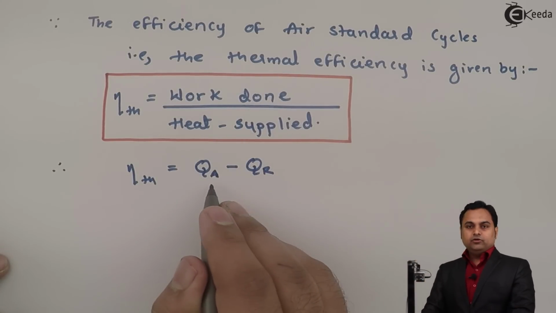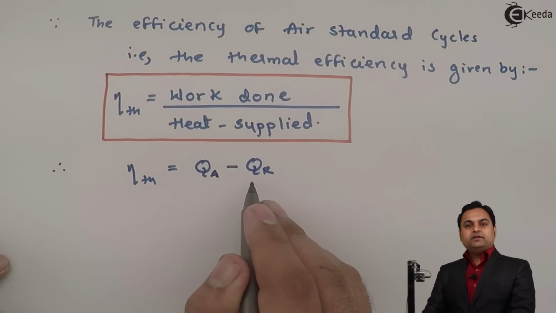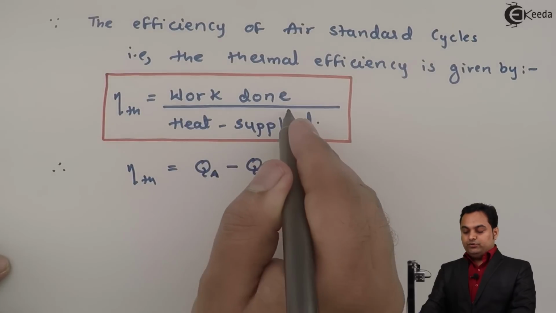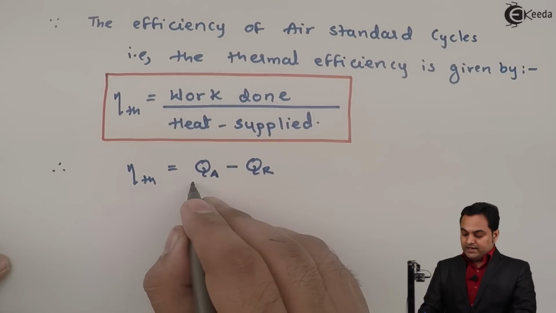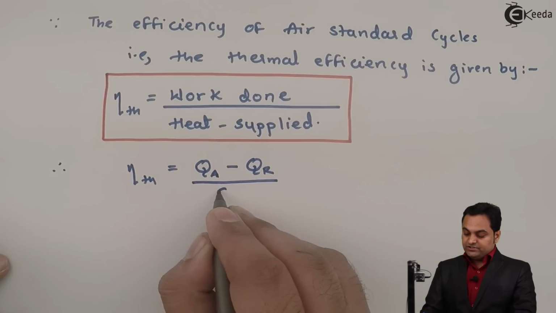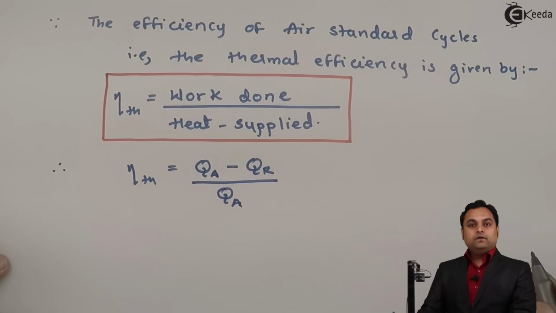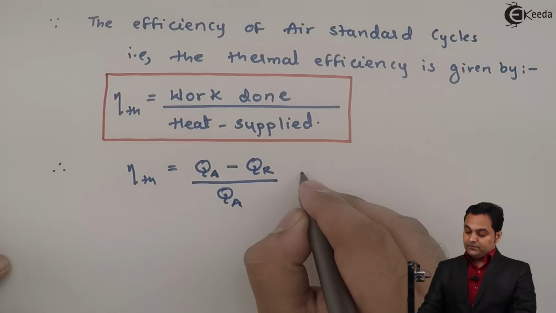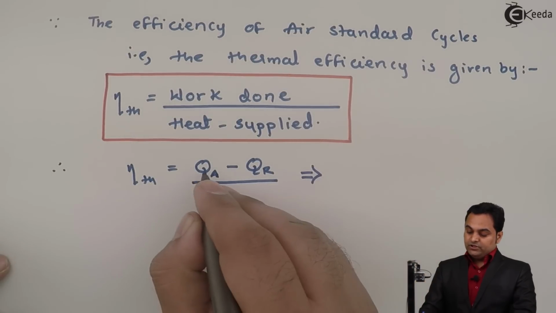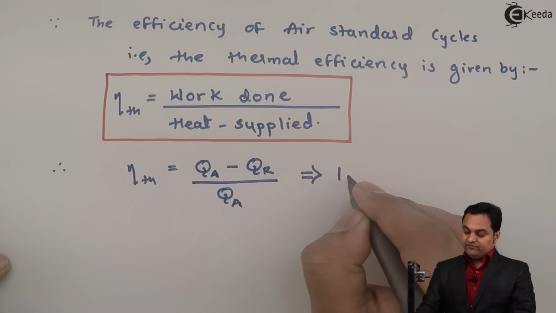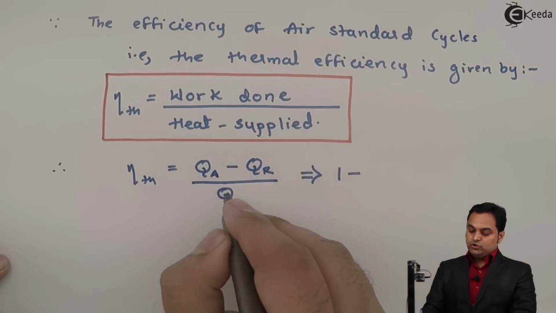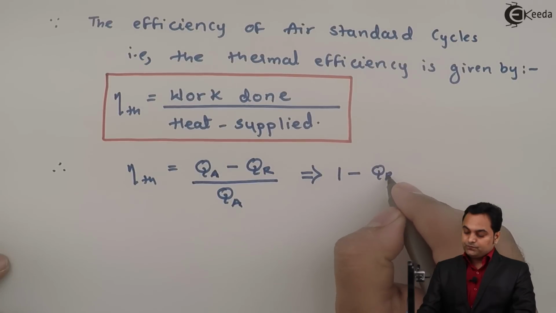So from the amount of heat added, if we subtract the amount of heat rejected, we are going to get the amount of work done, divided by heat supplied, which is Q suffix A. Now here I can write this as QA upon QA, that will give me 1 minus QR upon QA.